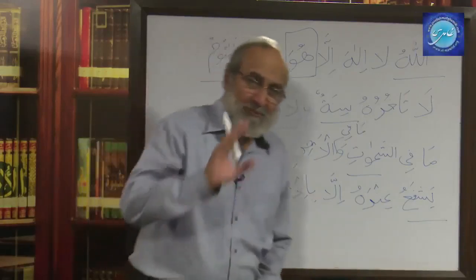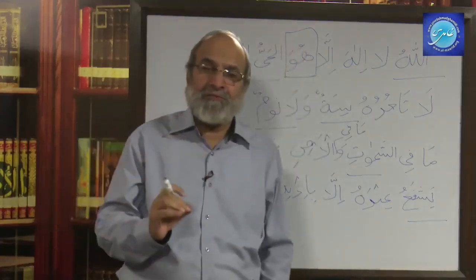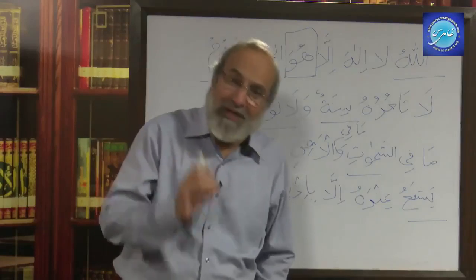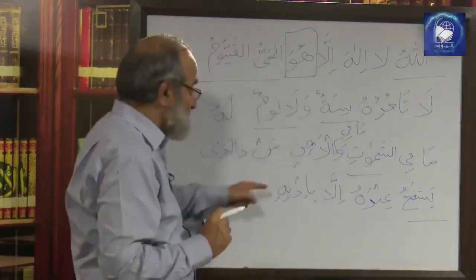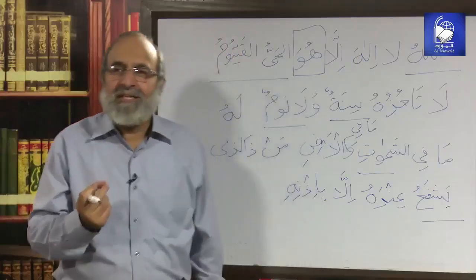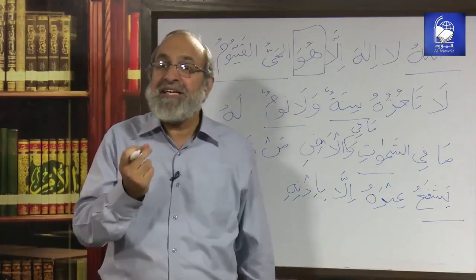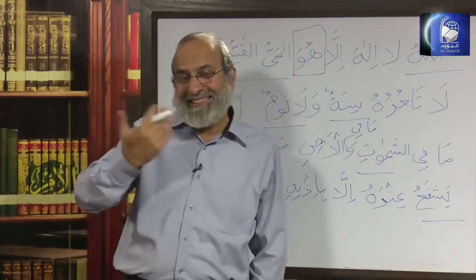Now the question is, why does it have one harakat and not two? You know why? Because it is mudaf. Now mudaf of what? Mudaf of he. Izn means sanction. Iznihi means his sanction. Zaid's house, his sanction.